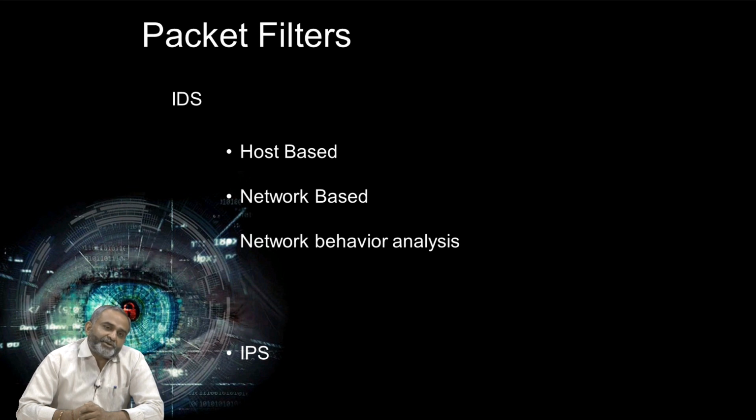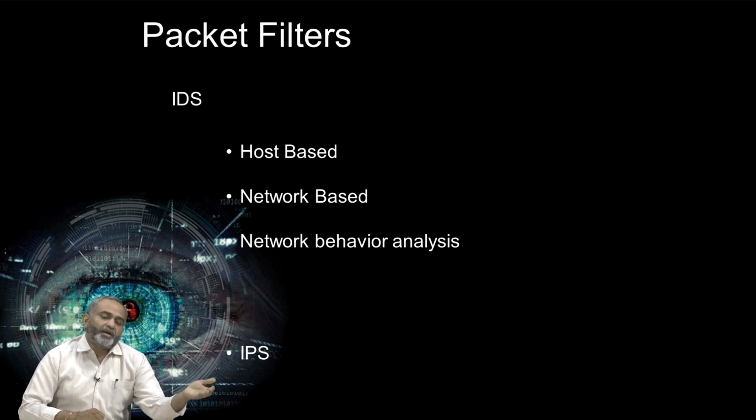Now, what is the intrusion? Because as we say, for any network, to identify the particular intrusion or particular suspicious or particular malicious activity is intrusion. That means unexpected or unusual activity is the intrusion.